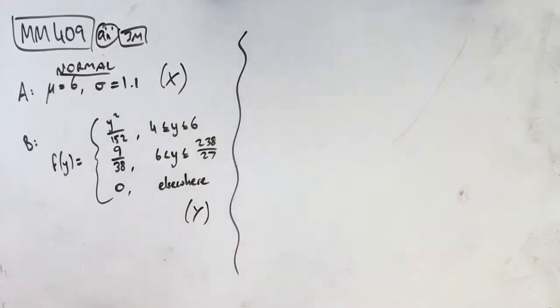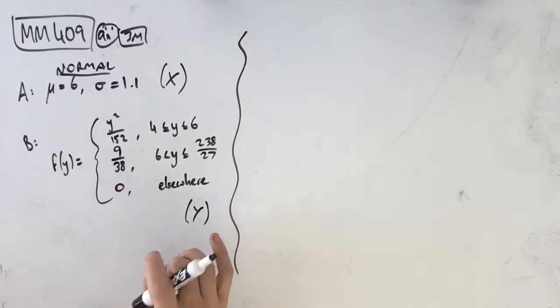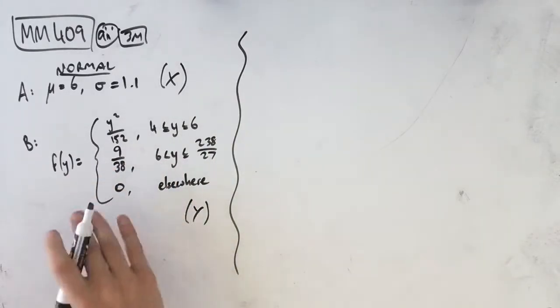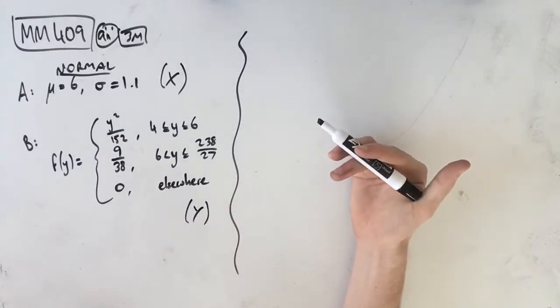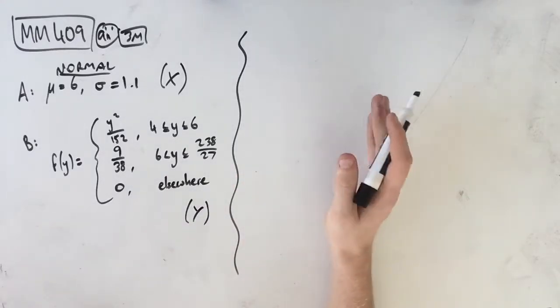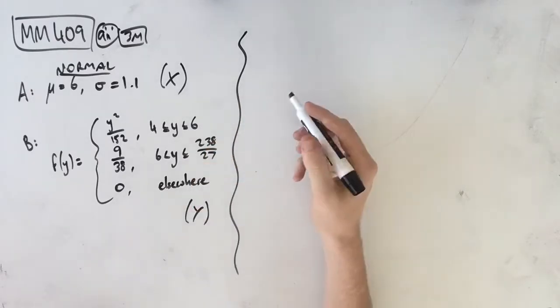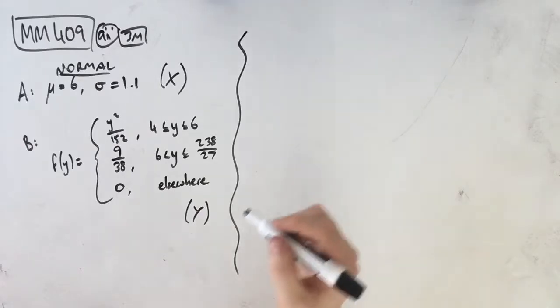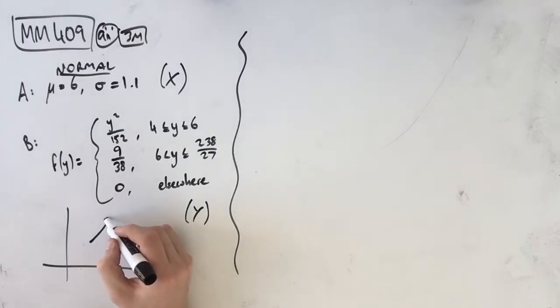Whenever we deal with probability density functions, whenever we talk about the probability of something happening within that, what we're actually talking about is the area under the graph, okay? So we're looking for all of the area under the graph less than 7, right? So let's just say it kind of looks something like this.